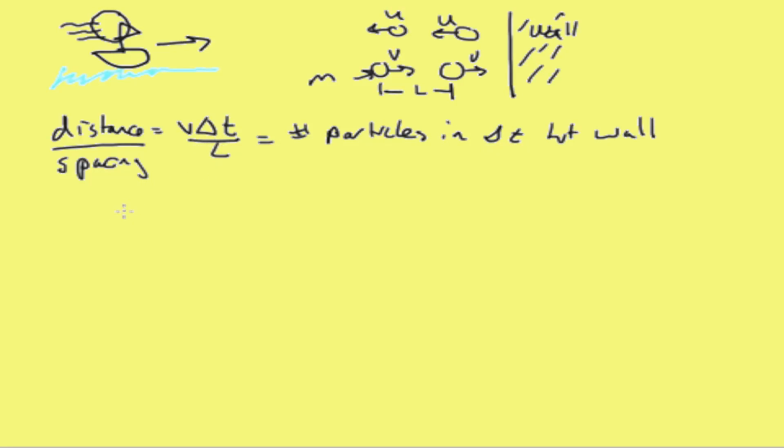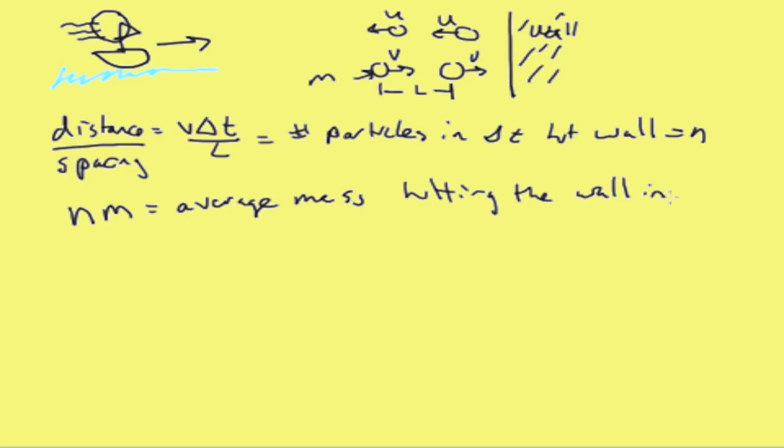If we multiply this by the mass, so if we say that this is now equal to n, then n times m is the average mass hitting the wall in delta t, and in this case that average mass will be m v delta t over L. So this is the average amount of mass that we have hitting in a time delta t.